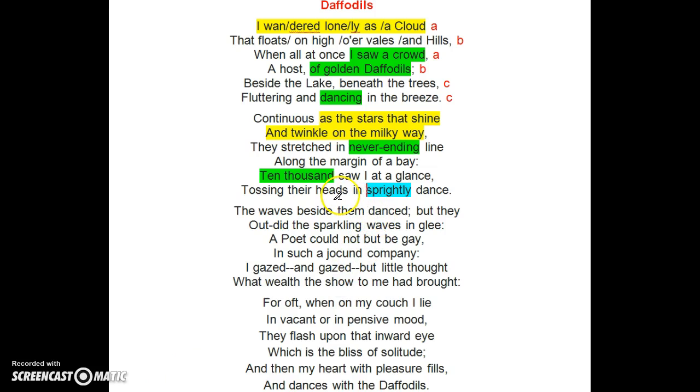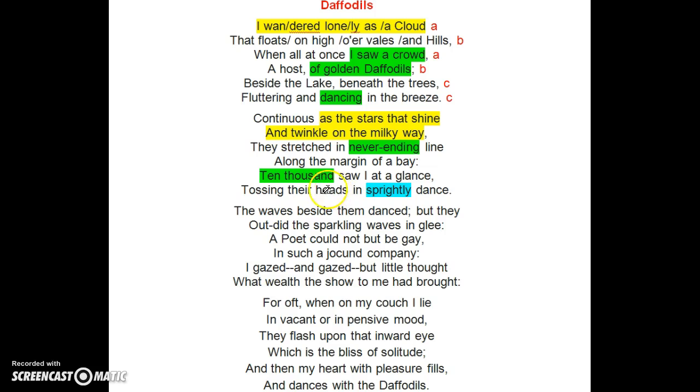In the same line, we have the use of the word heads. And in using this word, the personification of the daffodils becomes more specific.